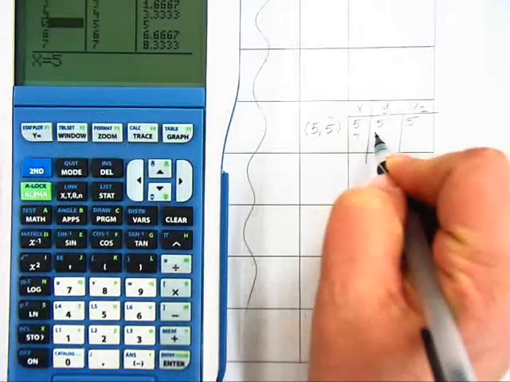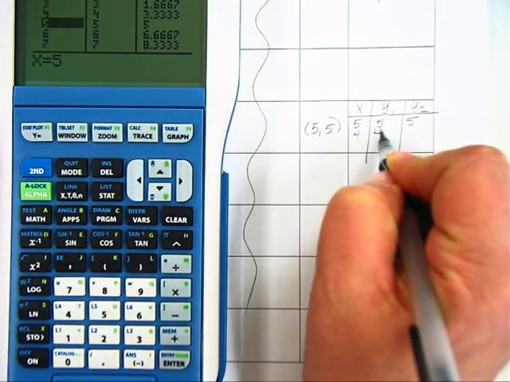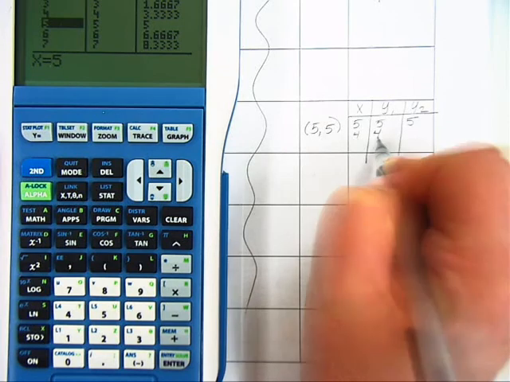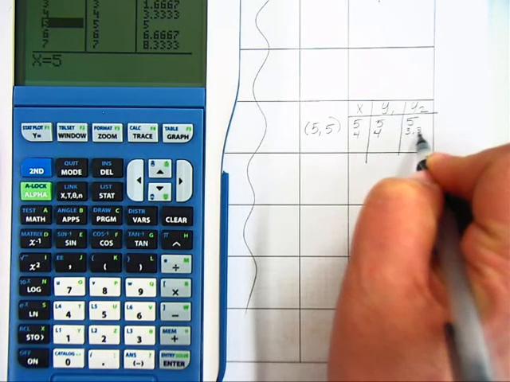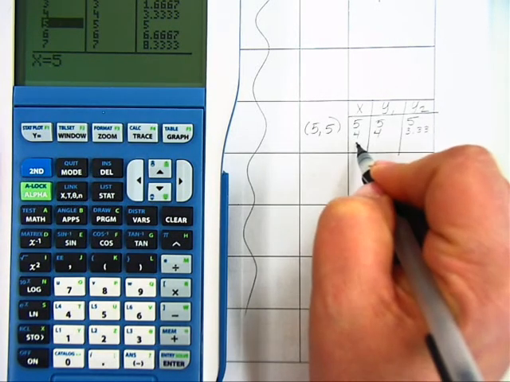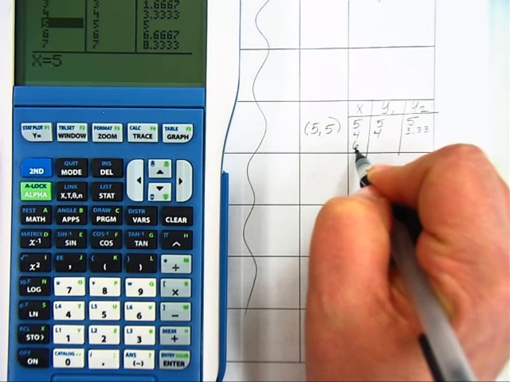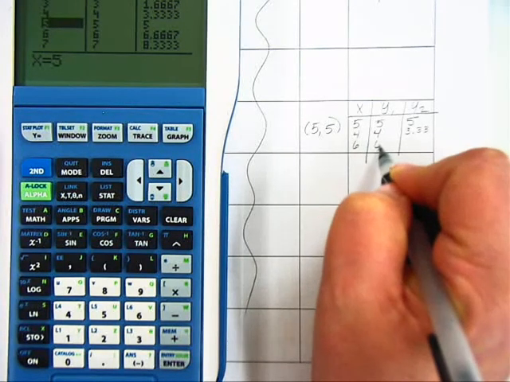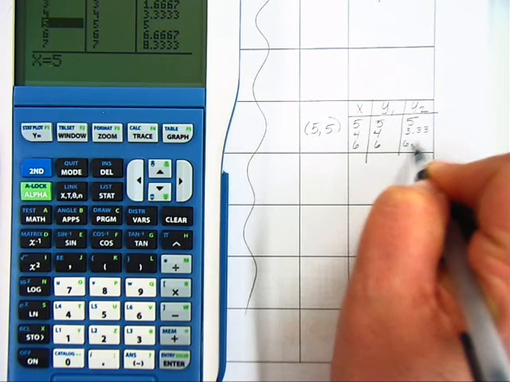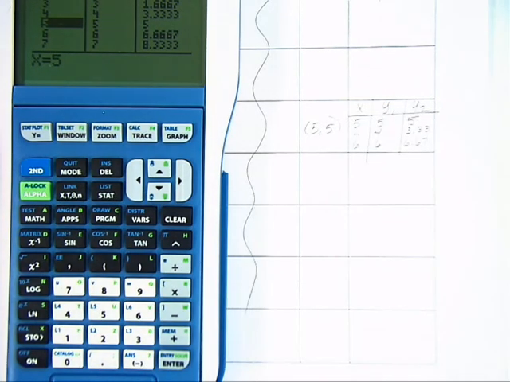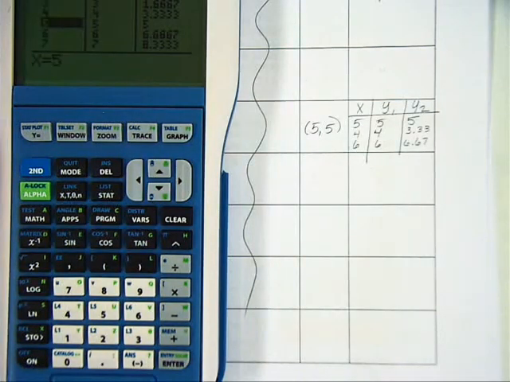So 4, 4, and then 3.33. And then go down to 5 or 6, that's below it. You get 6, 6, 6.67. But do you notice x and y1 are always the same number? That's that parent function. That's where y equals x, all the way up and down.